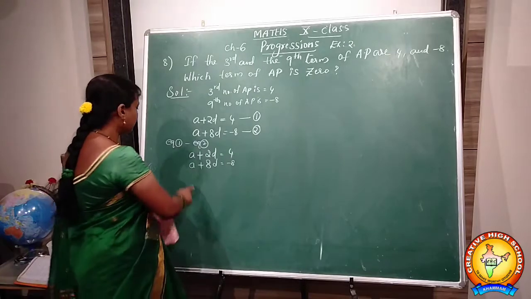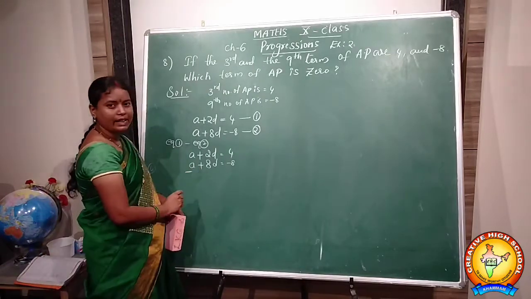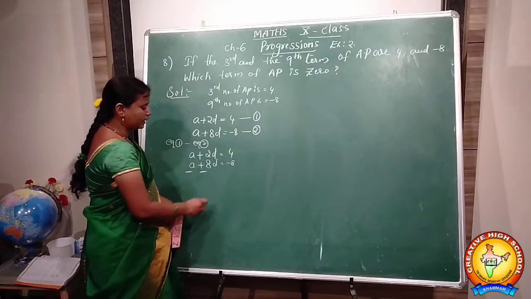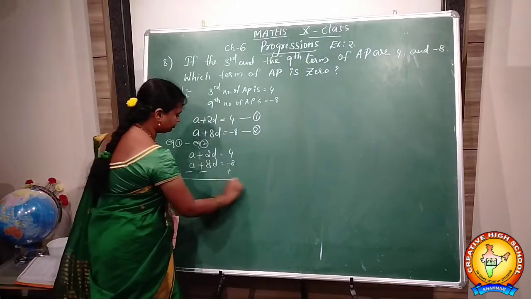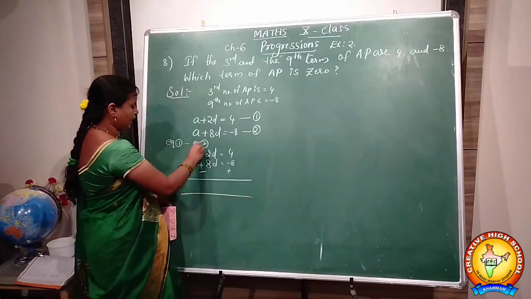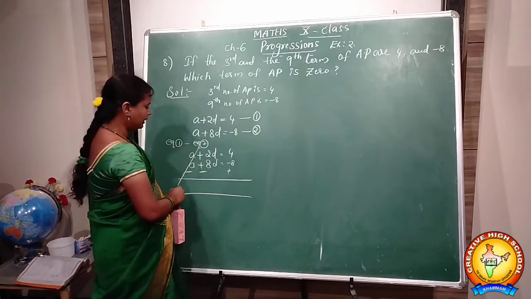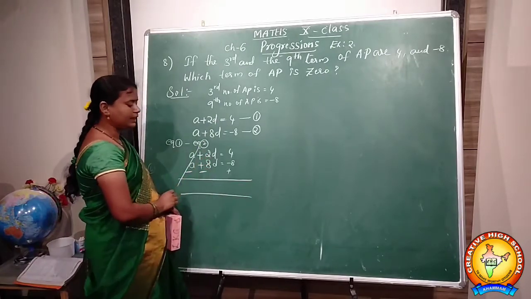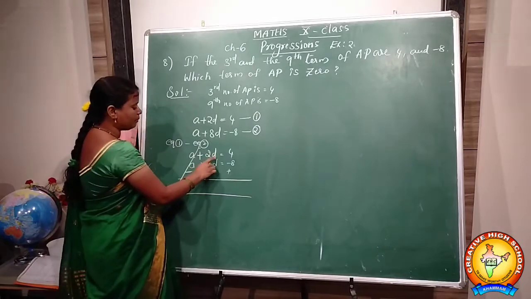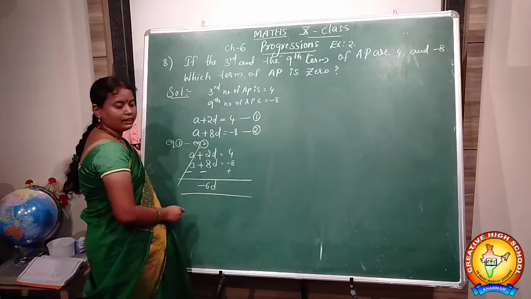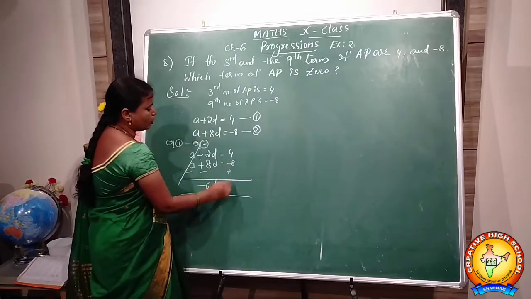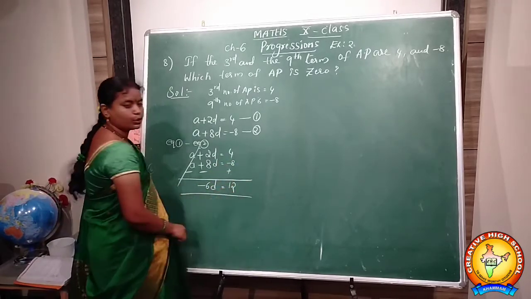So plus A becomes minus A, plus 8D becomes minus 8D, minus 8 becomes plus 8. A minus A gets cancelled. 2D minus 8D will become minus 6D. Minus 6D is equal to 4 plus 8, that is equal to 12.